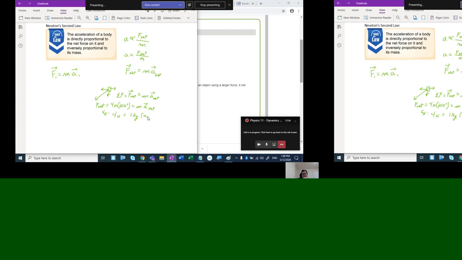Then you can find A. You don't have to write all of that; it just needs to make sense. So 4 divided by 1 equals 4 meters per second squared, and the direction will be 210 degrees. That is called A net, the net acceleration, which is in the same direction as the net force, naturally.